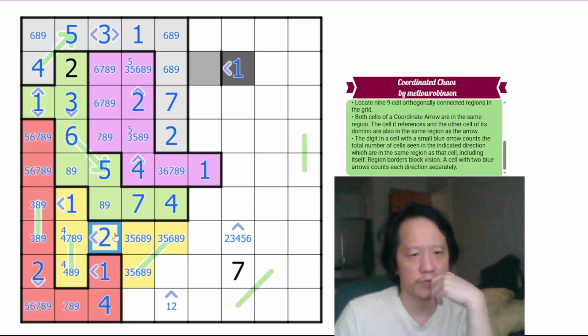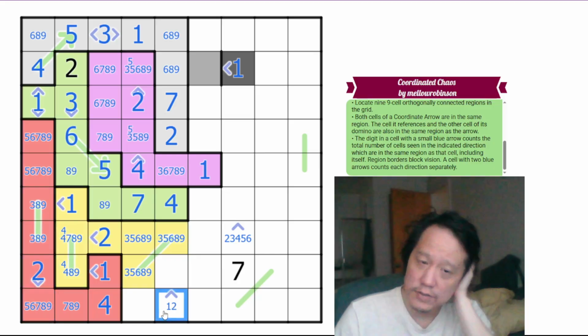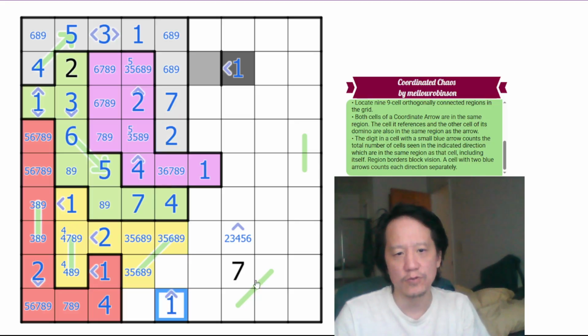This only sees 1, this sees 2, this sees 1, this sees 2. We don't have these arrows done yet. This is 2, so this must be 1. Interesting. Okay. That means there's a border here.